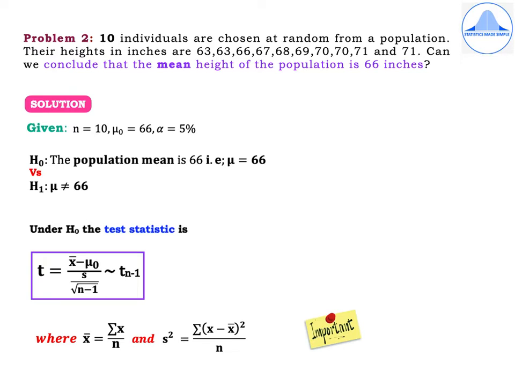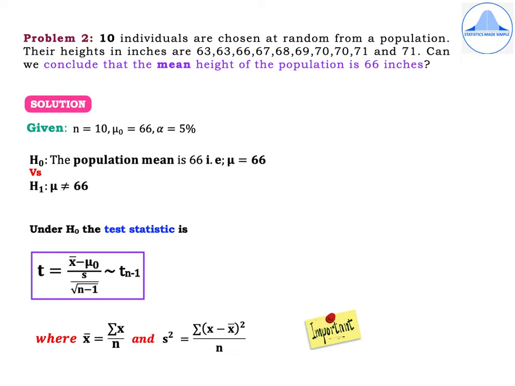Now, in this problem, the word mean is used, and we see that a random sample of 10 persons is chosen. Now, n is equal to 10, which means that it is less than 30, and this problem is based on t-test for single mean.